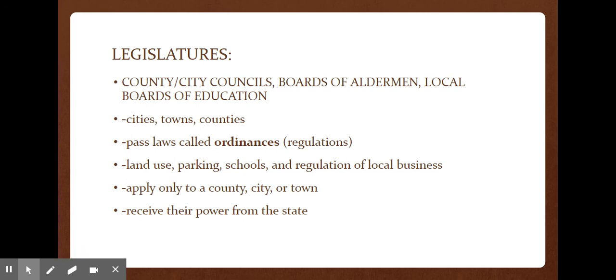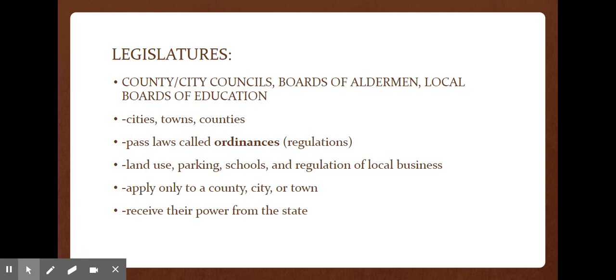Okay, now the local councils get their power from the state. So it is important that our regulations and our ordinances kind of match up with what the state wants us to do. Okay. So you're not going to see, again, using, let's say, the local school board, you're not going to see the local school board varying all that much from what the state board of education says.